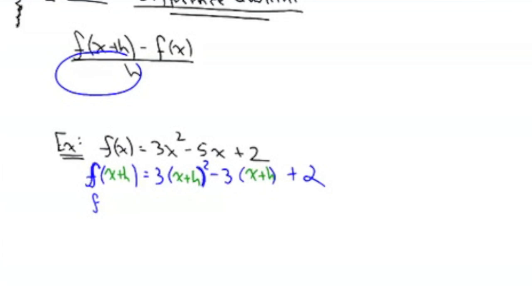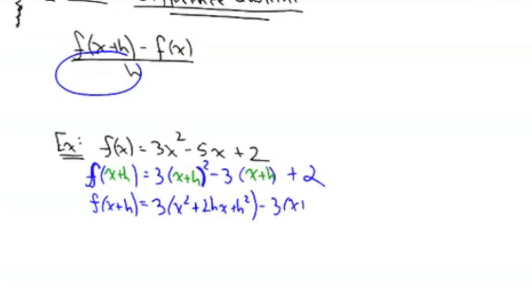What is x plus h all squared? You can't distribute the 3 first because powers have to come before multiplication. X squared plus 2xh plus h squared. So you get 3 times x squared plus 2hx plus h squared.